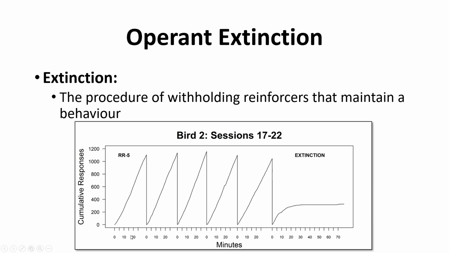If a pigeon is being given food after pecking a key, and they will peck and peck and peck to get food for pecking that key, and we employ extinction, which would mean that they peck the key but no longer get food, we would see a drop off in the amount of pecking behavior that we observe because that behavior is no longer being reinforced. Instead, it's being extinguished. And once that behavior has dropped off, once they have stopped that pecking behavior, we can say that extinction has occurred.